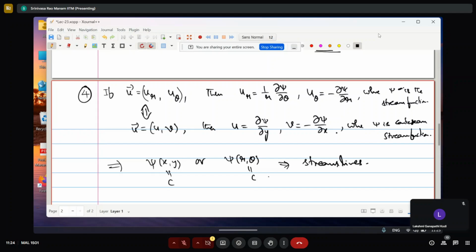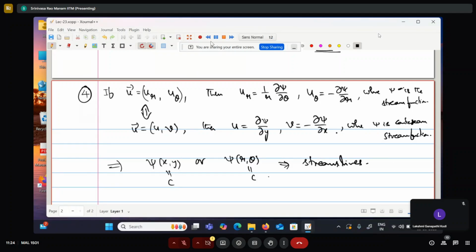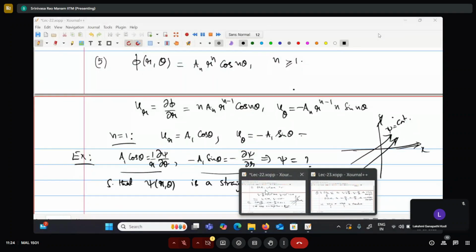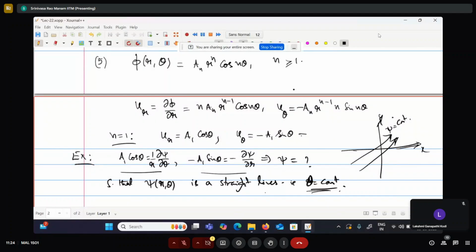These are the 4 ways of looking at this, whatever I have done yesterday. Let me open that other file, whatever we were doing yesterday. Look at this one here. Now if I ask you to do this one, n equal to 1, u r equal to a1 cos theta, u theta equal to minus a1 sin theta, that gives you uniform flow.